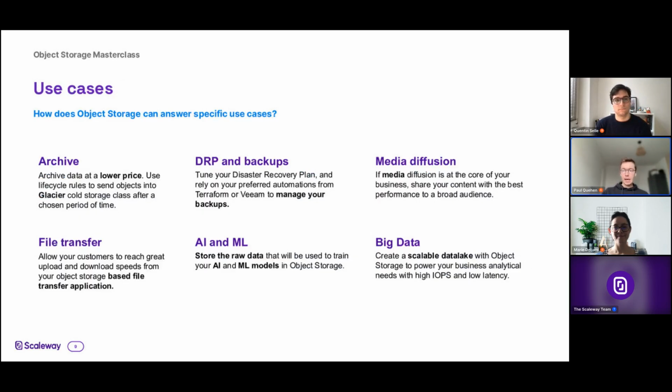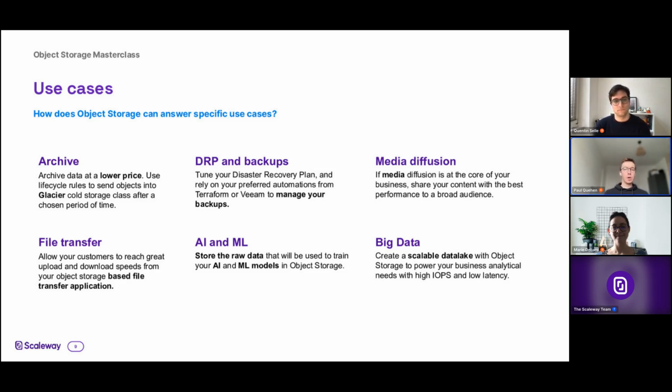Now, let's see how object storage can answer specific use cases. The first one, and the main known use case, is the archiving. You can use, for example, the lifecycle rules to archive your data to a cold storage class, such as Glacier, and benefit from lower cost.